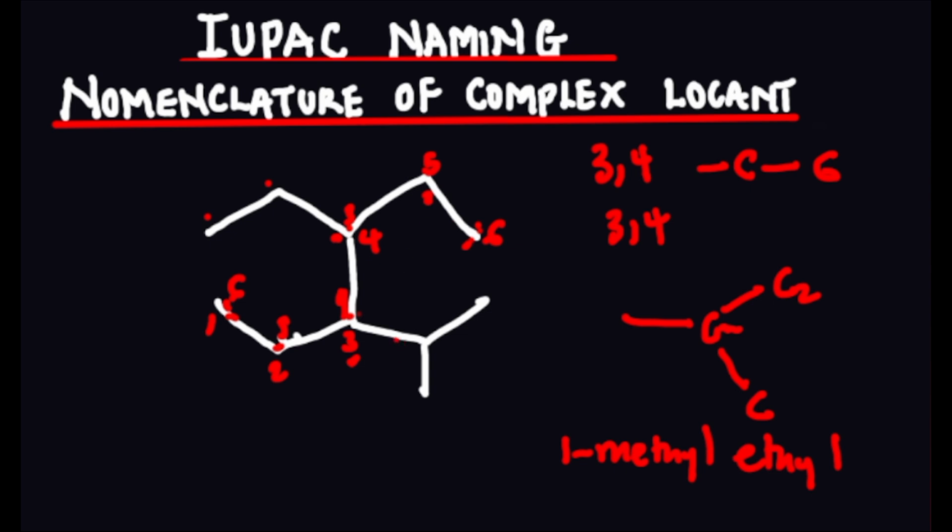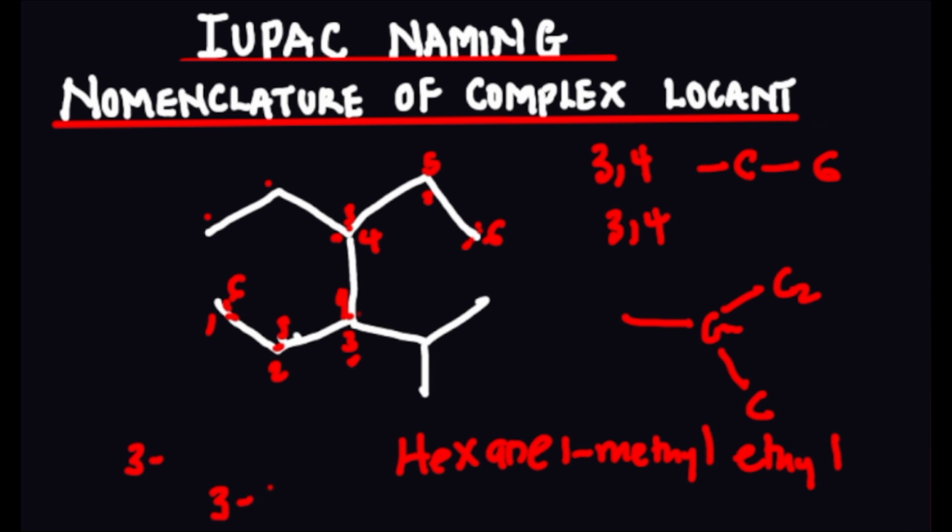So in that case, let's try and name everything all together to see what we're going to have. I'm going to name it twice. So let's say this is 1, 2, 3, 4, 5, 6. 6 is hexane, right? This is hexane. Then from there, on position 3, I'm having 1-methyl ethyl. Let me write it out here.